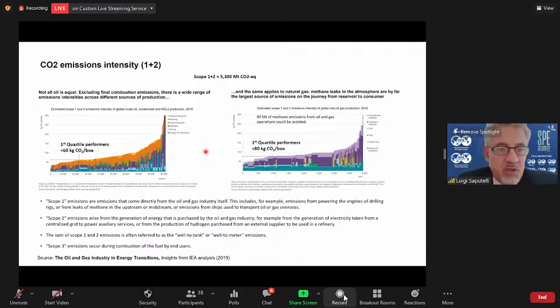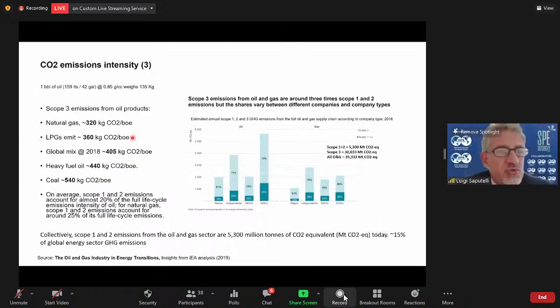And this is it. So what do I know about the CO2 emissions intensity of scope 3? Scope 3 is the actual emission coming from oil and gas combustion, in order to generate the final energy for the user, converting to electricity, converting into gasoline, and then driving, etc. I think you all know one barrel of oil is 159 liters or 42 gallons.